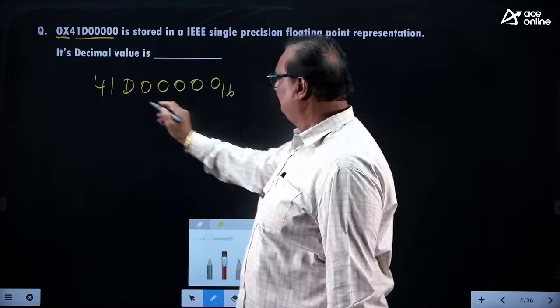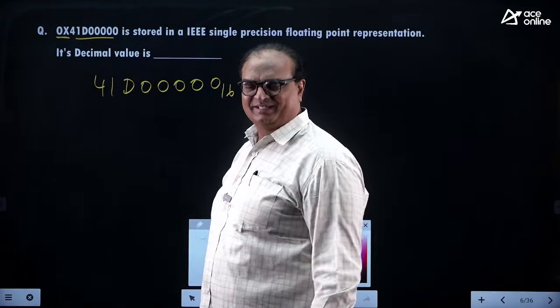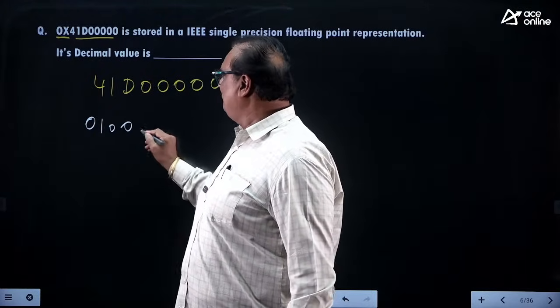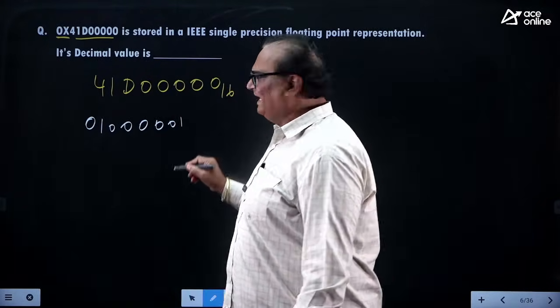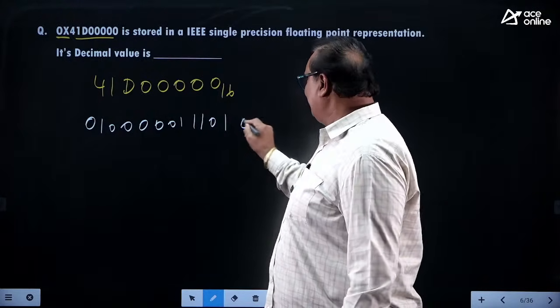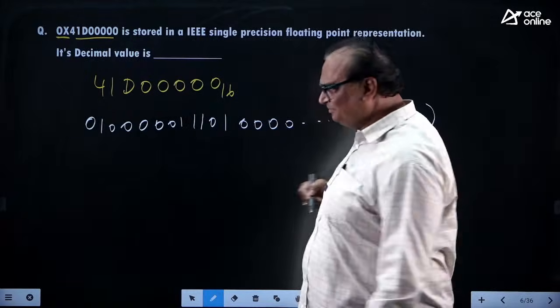While converting hexadecimal to binary, each hexadecimal digit requires 4 bits: 0100 0001. D means 13, 1101. The remaining are all zeros until completing 32 bits.